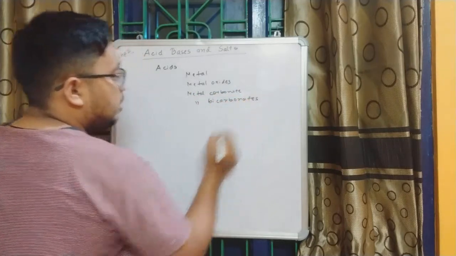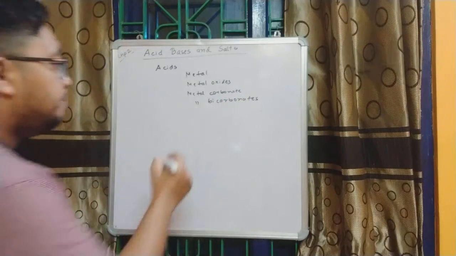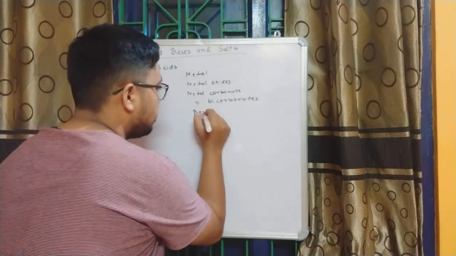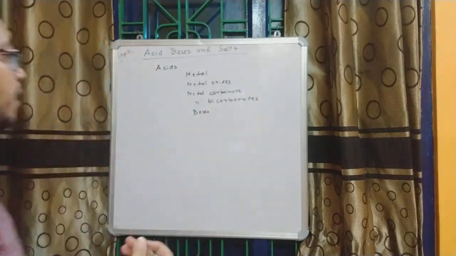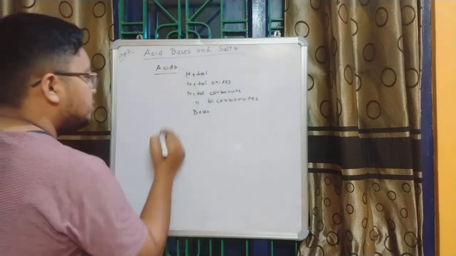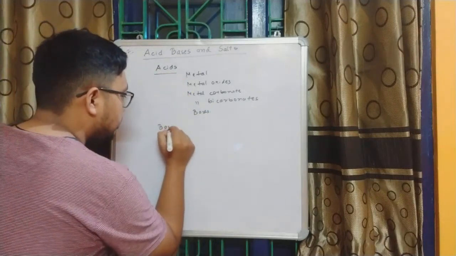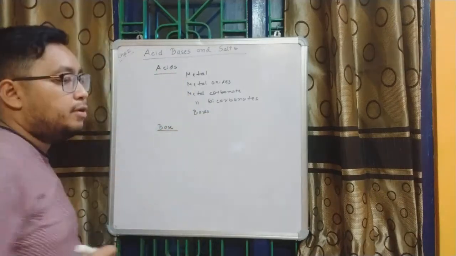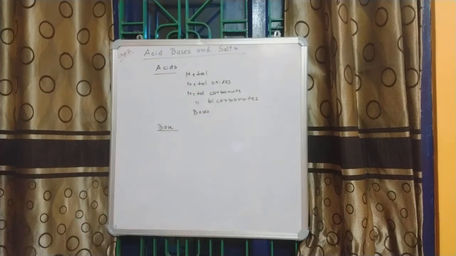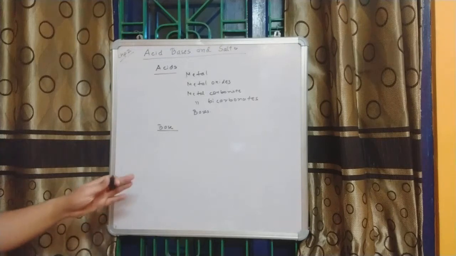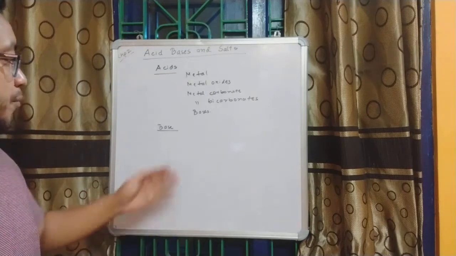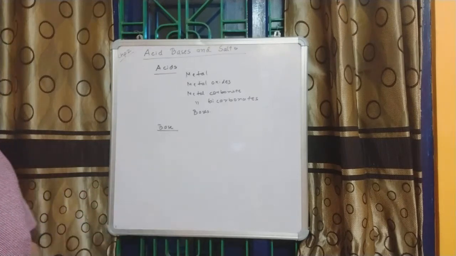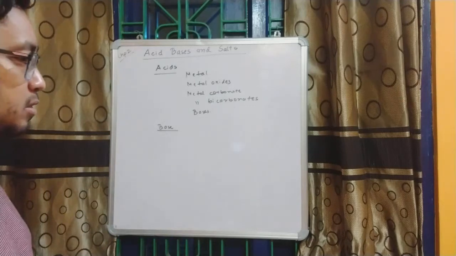Then we will discuss how acid reacts with bases and so on. After that, we will discuss what is the definition of a base, what are its characteristics and properties, and then how bases react with different substances, how bases react with metals, with metal oxides, and how bases react with non-metal oxides and all.